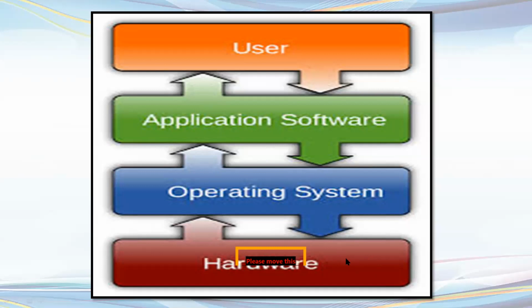Then all those commands are interpreted and executed. So the operating system is an interface, or link, or bridge, any term can be used, between a user and a hardware device.